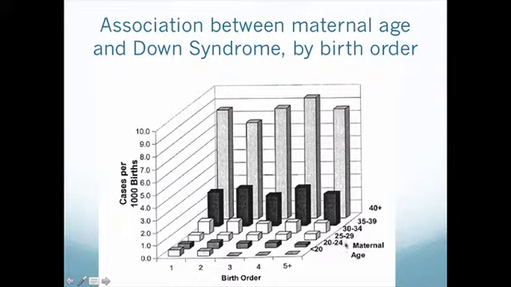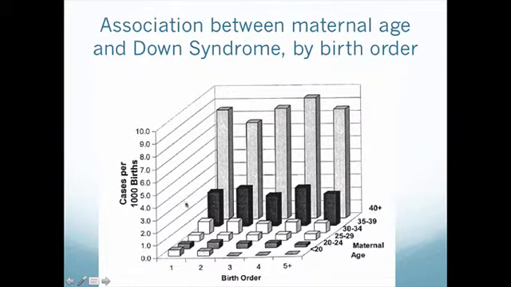So for women who have babies earlier than 30, so younger than 20, 20 to 24, 25 to 29, among these 3 groups, you can see that it doesn't matter the birth order, the prevalence of Down syndrome is very low. But then among the 35 to 39-year-olds, and then among the 40 plus, again, it doesn't matter with respect to birth order, the prevalence of Down syndrome is very high.